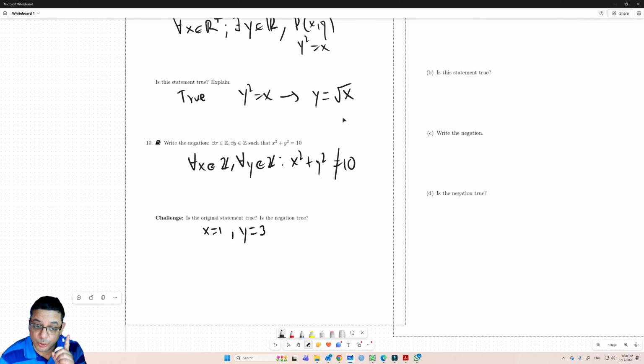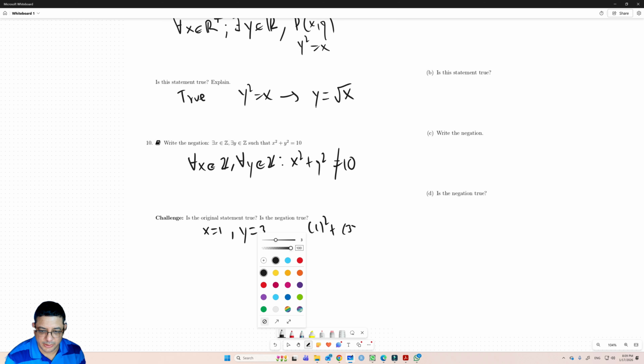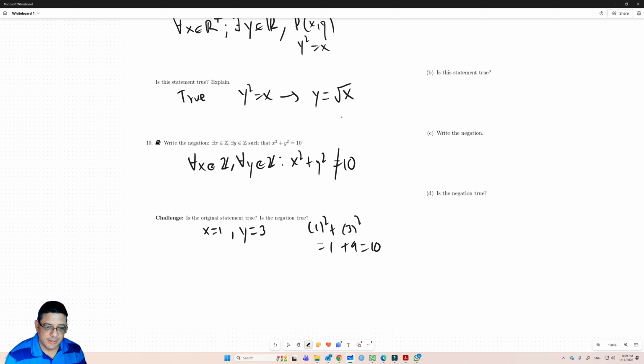So we just need to show one. We're not proving the negation, but the original statement. So with the original statement, we just need to prove one, and x equals 1, y equals 3 works. We get that 1 squared plus 3 squared is 1 plus 9, which is 10. So yeah, that works.